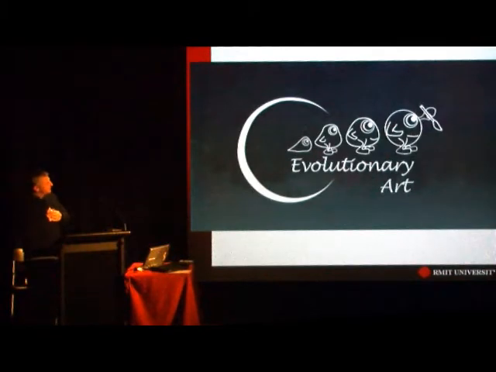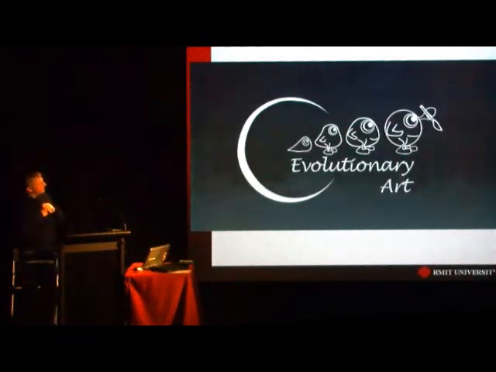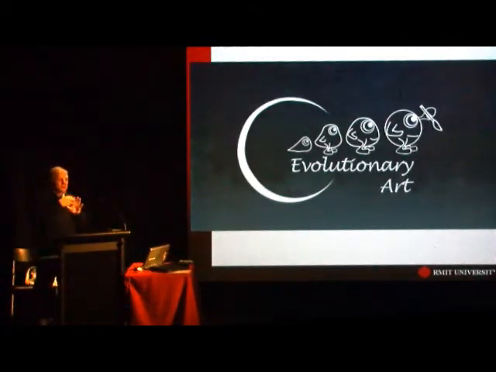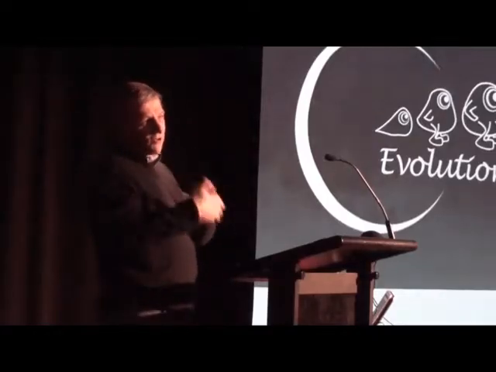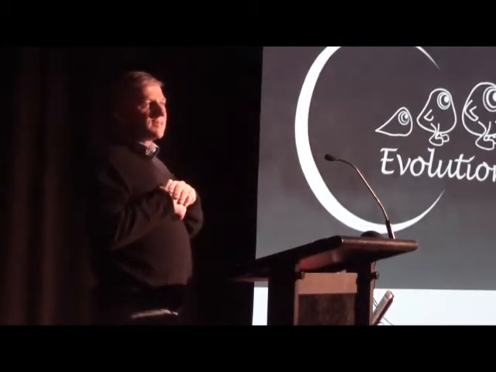Evolutionary art, evolution. If you think about evolution, what do you think of? Well, one thing is represented in this little graphic. It says that as time goes on and evolution does what it does, things get more complex.